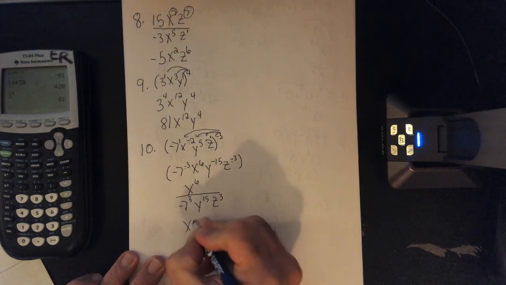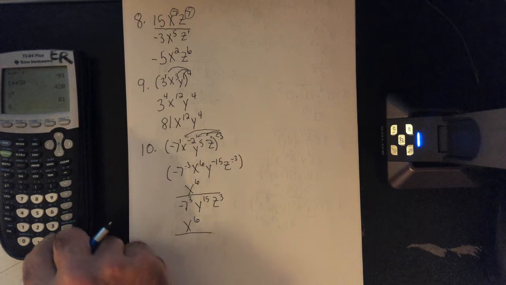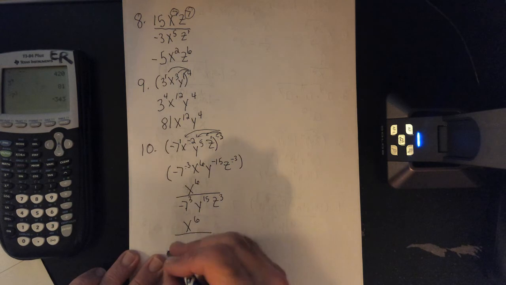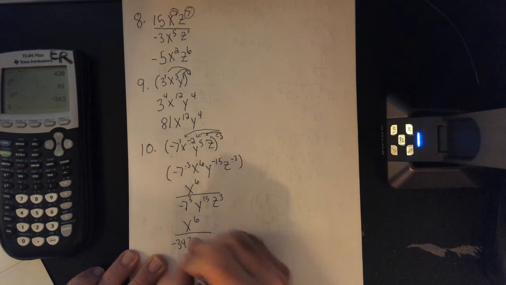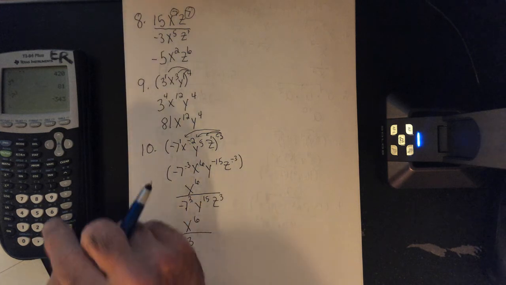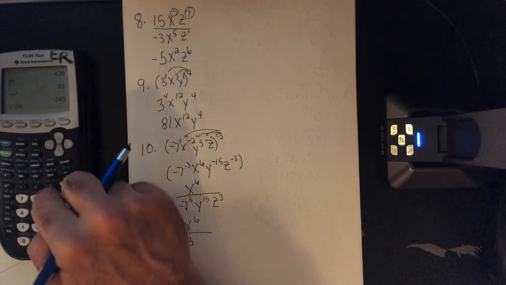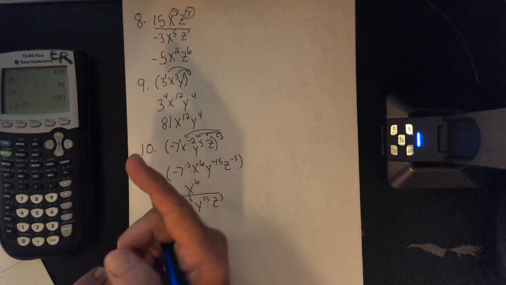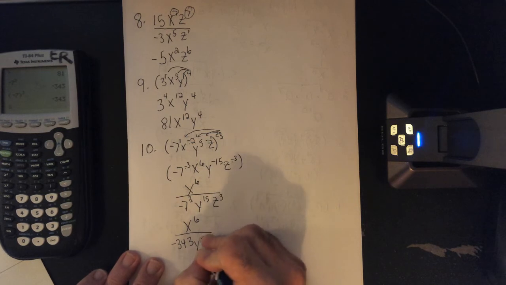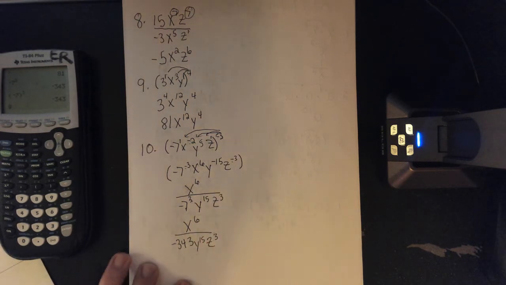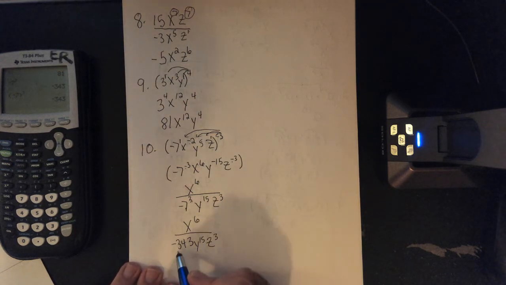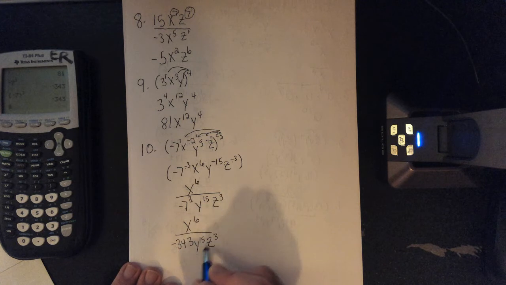So we got x to the 6 over negative 7 to the third power, which is going to equal negative 343. Now, I will say this: had that been an even exponent, I would have put my negative 7 in parentheses like this, and then done my exponent and got that answer, okay? Then the y to the 15 stays the same, and z to the third. Now there's no more negative exponents. The number can be negative, remember, but not the exponents.